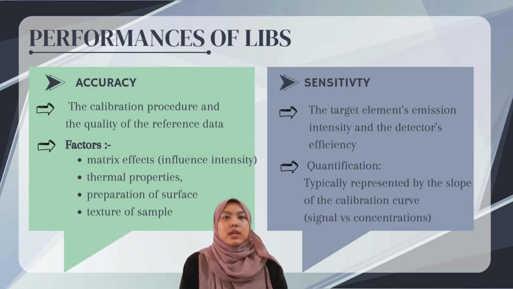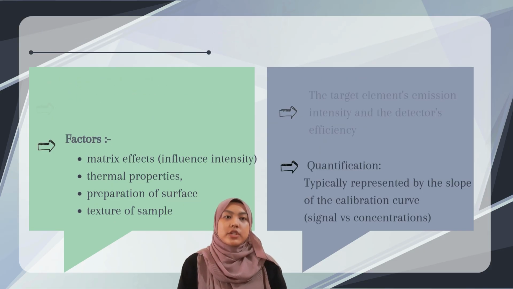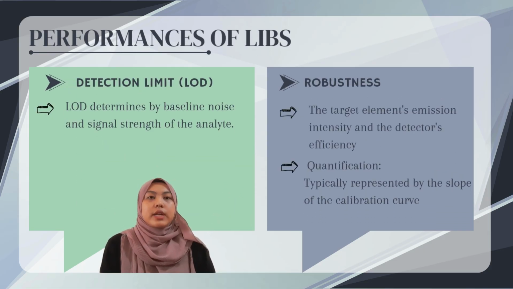Next, sensitivity. The target element emission intensity and the detector's efficiency determine the LIBS sensitivity. In LIBS, quantification is typically represented by the slope of the calibration curve and the detection limit, or limit of detection (LOD). In LIBS, the LOD is determined by baseline noise and signal strength of the light.